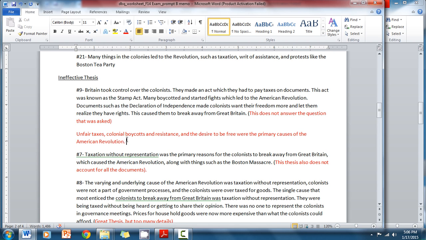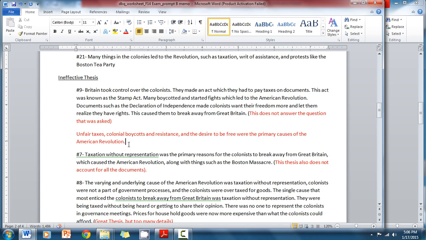So see how this one sentence basically says the exact same thing as this whole paragraph here. Unfair taxes, colonial boycotts and resistance, and the desire to be free were the primary causes of the American Revolution. So no need to even say this caused them to break away. Well, I mean, you can if you want to.